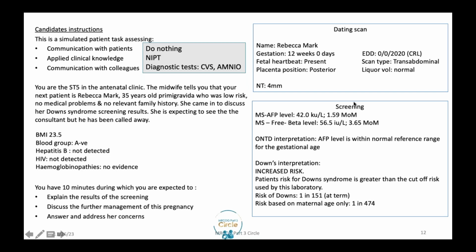If she has a twin pregnancy, does the NIPT work? With twin pregnancy, I'm not really sure about that, but I do not think so. I'll double check that and write it on the group.